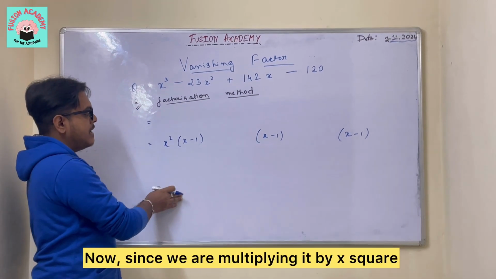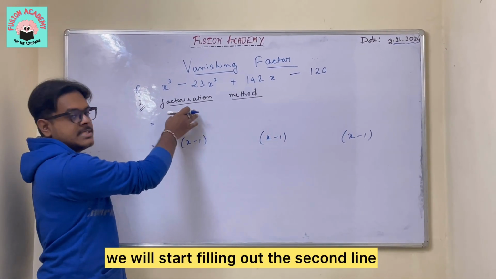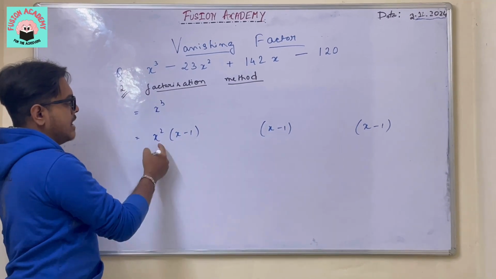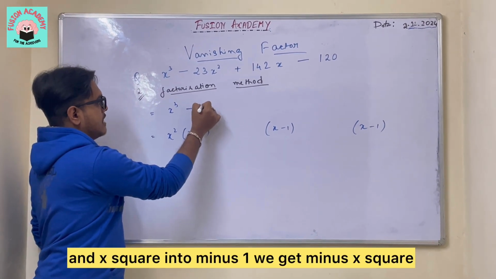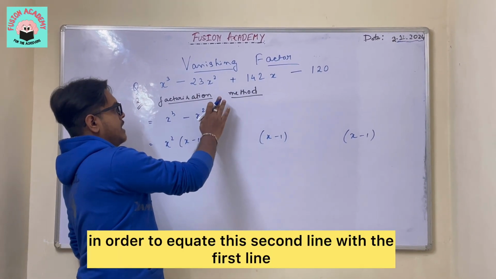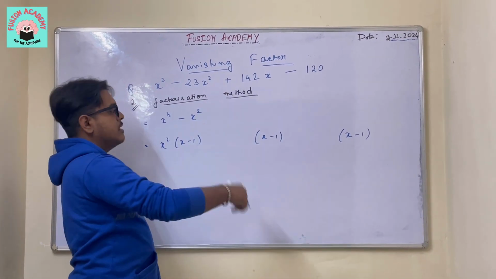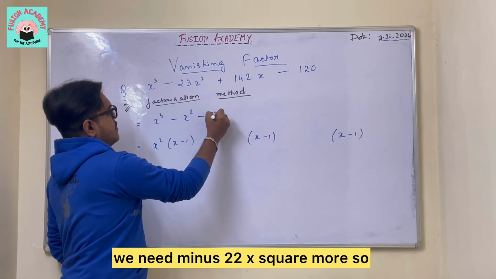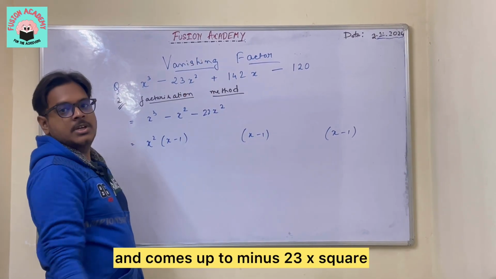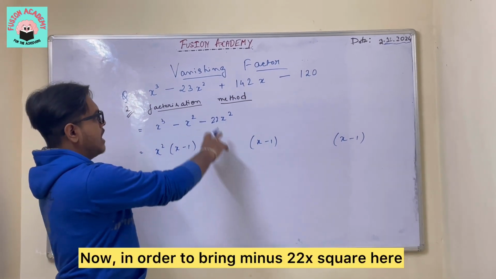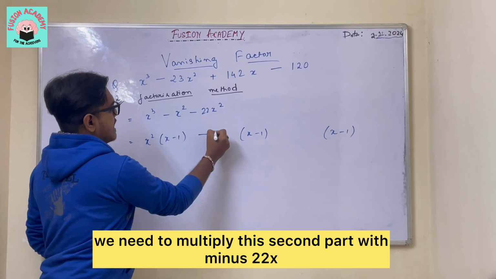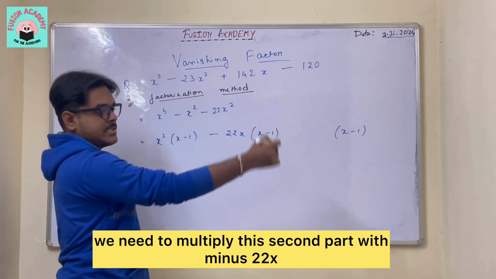Now since we are multiplying it by x square, we will start filling out the second line with this. X square into x we get x cube, and x square into minus 1 we get minus x square. Similarly, in order to equate this second line with the first line, we need minus 22x square more, so that this entire thing sums up and comes up to minus 23x square. Now in order to bring minus 22x square here, we need to multiply this second part with minus 22x.